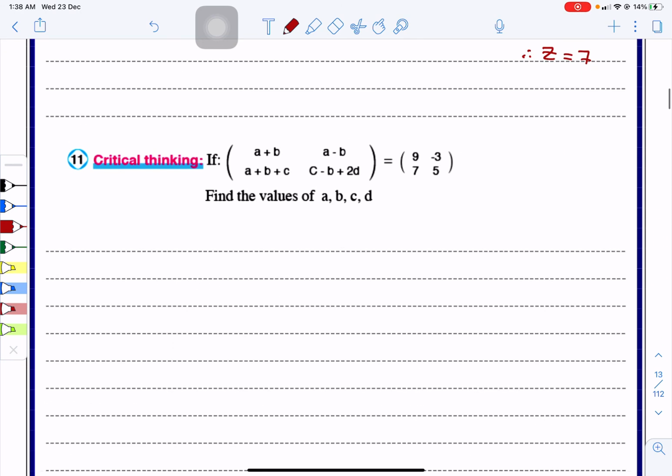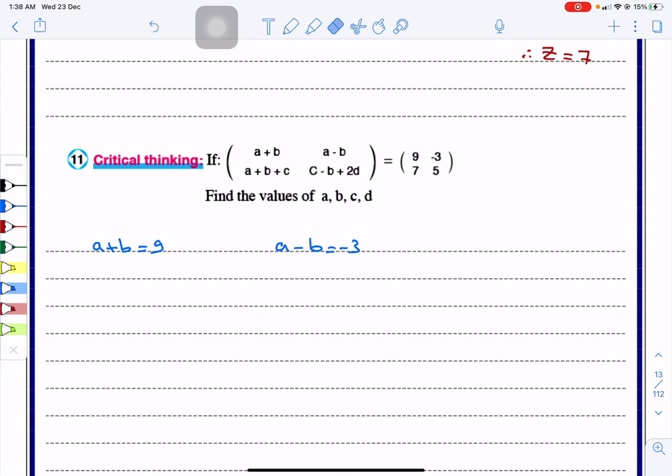Another critical thinking. If the two matrices are equal, then a plus b equals 9 and a minus b equals negative 3.